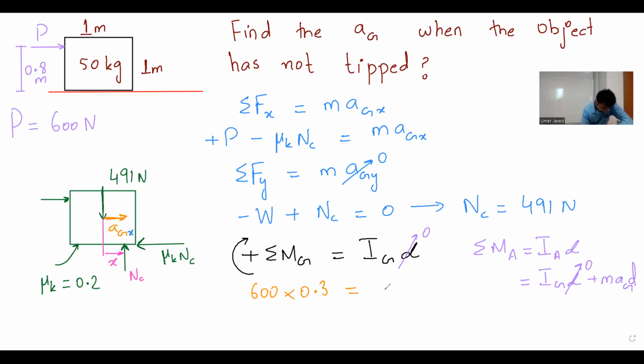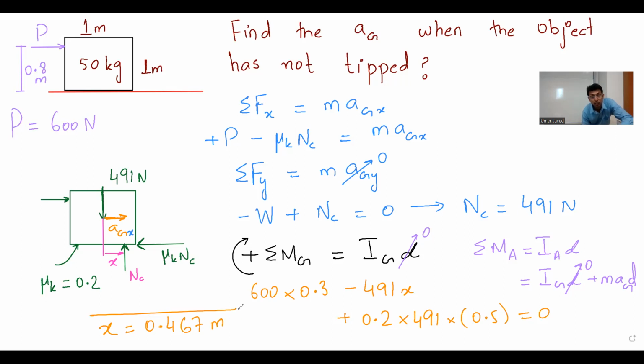Which is equal to, okay, minus 491 multiplied by x plus, now I will have 0.2 multiplied by the normal force, which is 491, multiplied by, what is the distance? 0.5, is equal to 0. So x becomes equal to 0.467 meter. Is this clear or not?